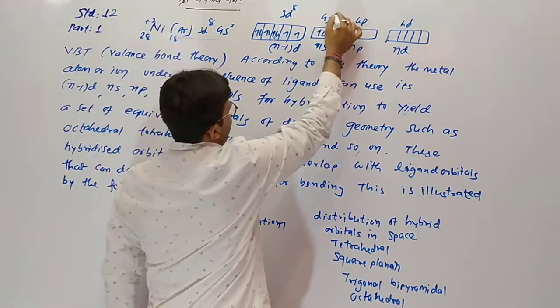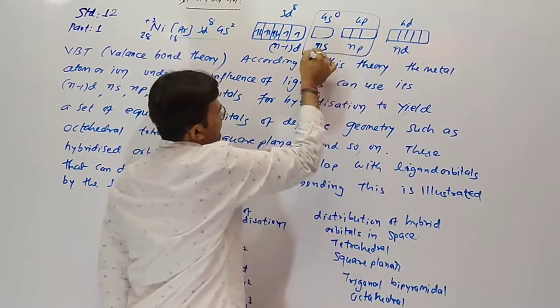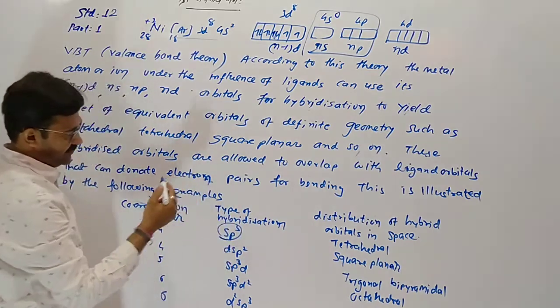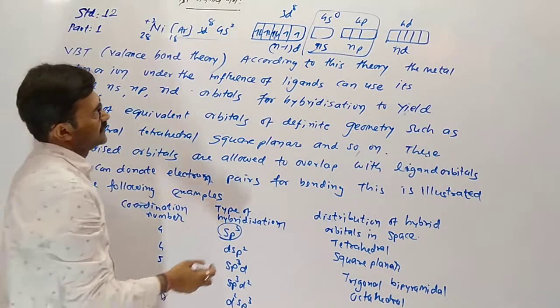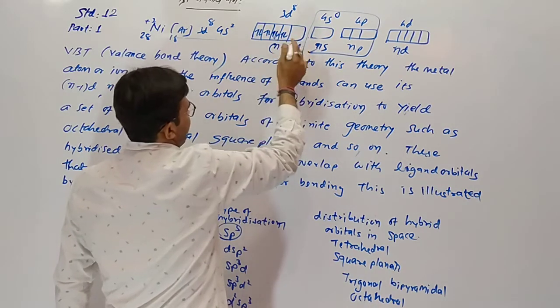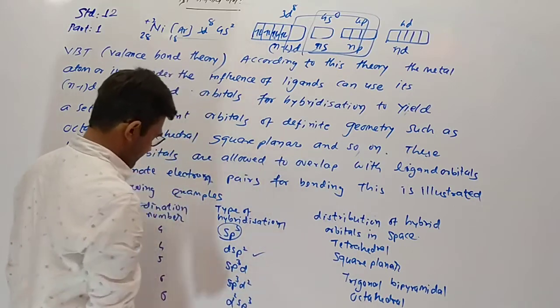So 2 are removed here. 1 s and 3 p combined, so sp3 hybridization occurs. Sometimes 1 electron is removed, otherwise moved here, so dsp2 hybridization occurs.